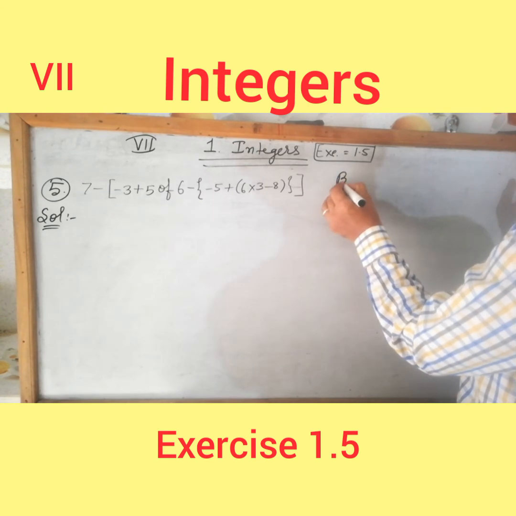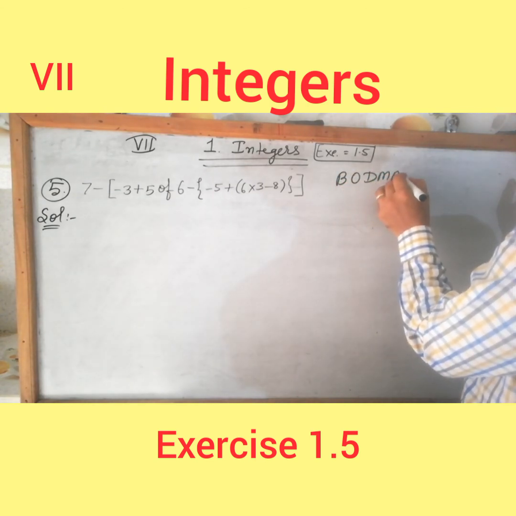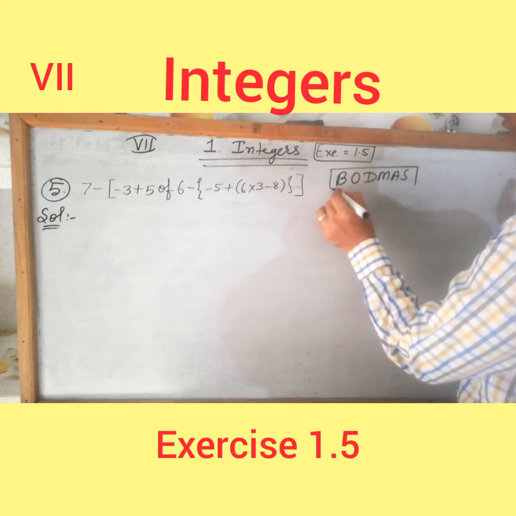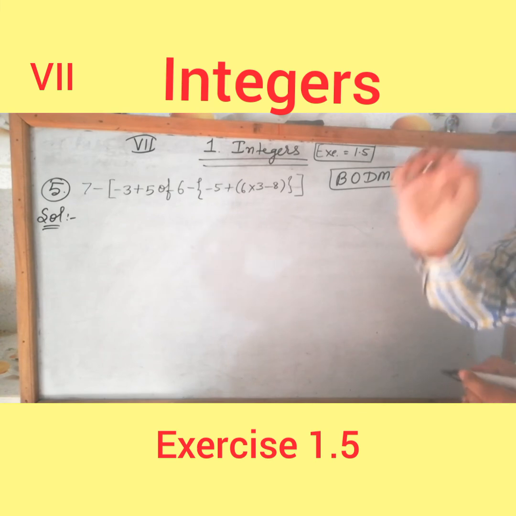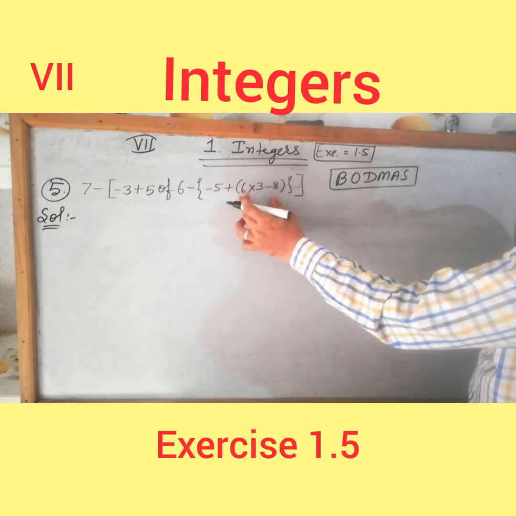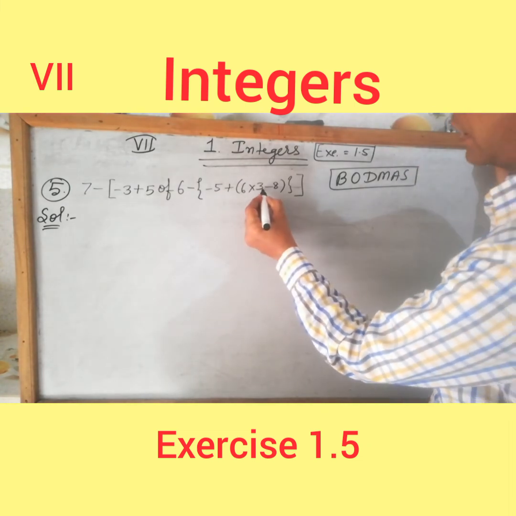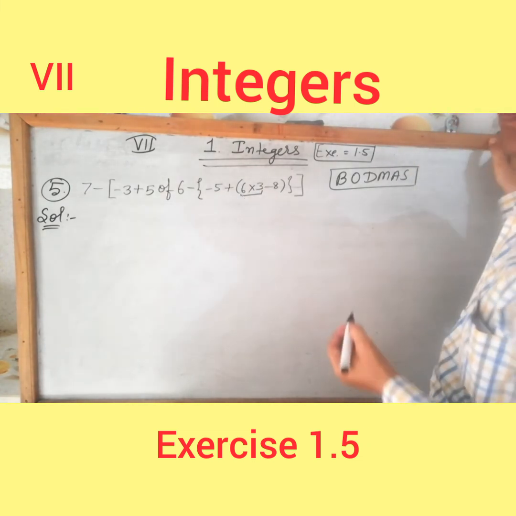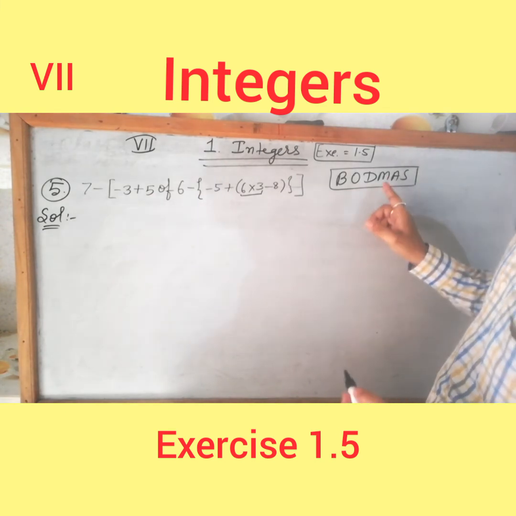So we apply this formula, BODMAS. Now check the brackets. First we solve the small bracket. In the small bracket, the sign of multiply is given. So first we multiply, because there is no sign of division.